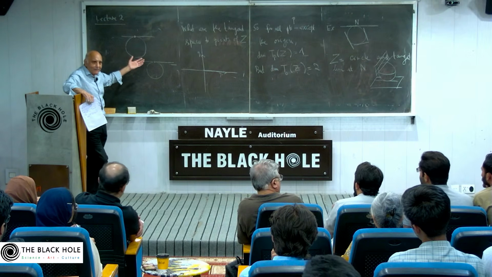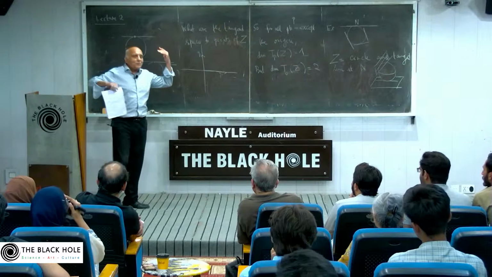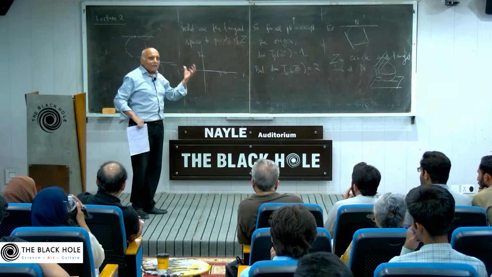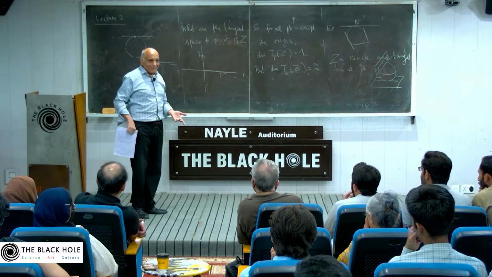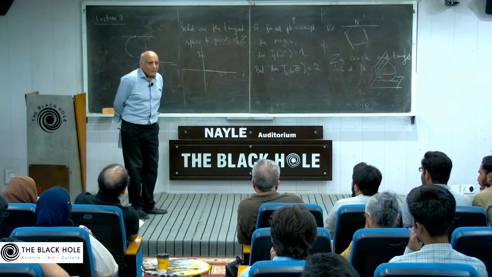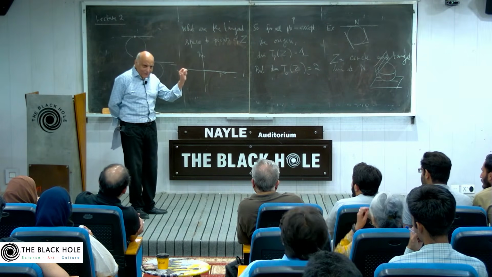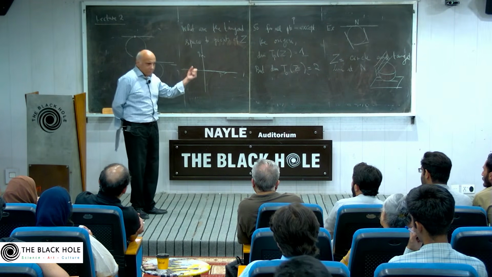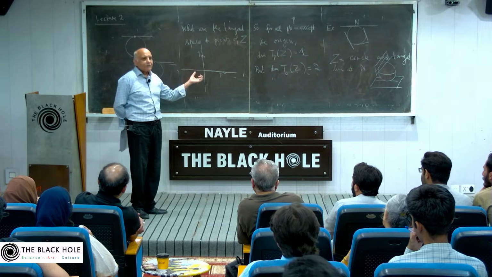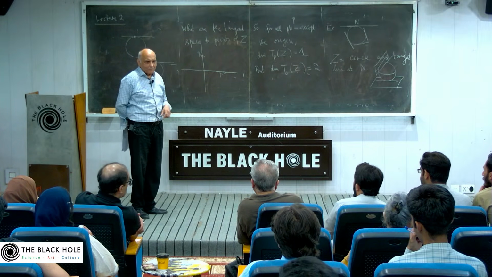Hausdorff space. These are all Hausdorff spaces. Why? Because it is a subset of R2. What is Hausdorff? When we take the intersection of two subspaces, it will give the null set. No. Hausdorff means you can surround two points by small discs or rectangles which do not intersect.